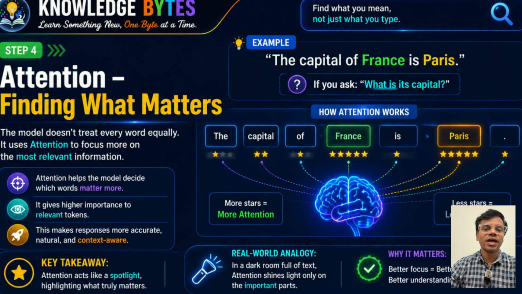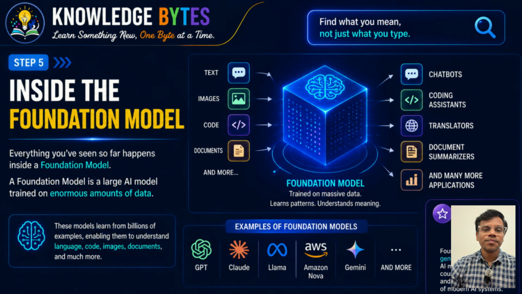Now let's see where all these components come together. So far we have seen tokenization, embeddings, context window, and attention. But where do all these processes happen? Inside a foundation model. A foundation model is a large AI model trained on an enormous amount of data, books, websites, code, research papers, and much more.